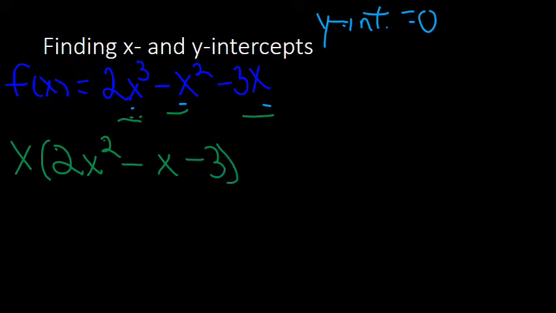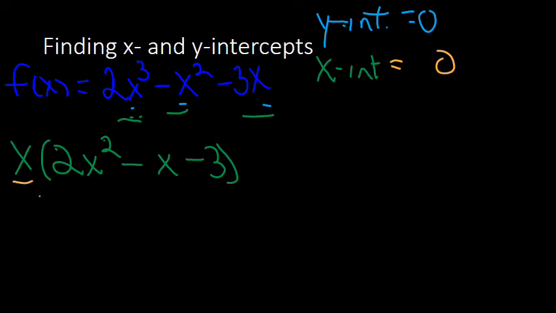So one of my x-intercepts, I know automatically because of this x right here, is going to be 0. Well, I should put it right there. And then I'm going to continue and factor this quadratic equation to determine what my other two, or if I even have any other x-intercepts.